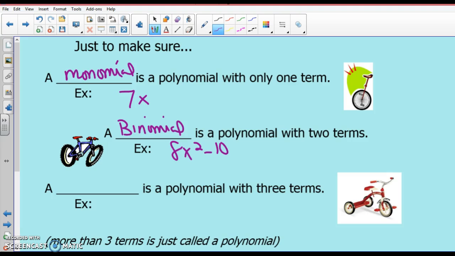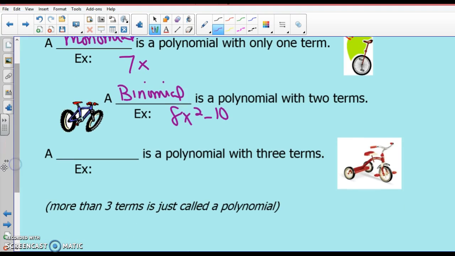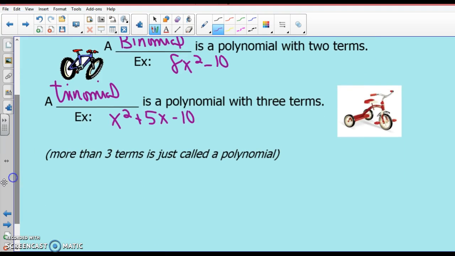A bicycle has two wheels. And the last special one is a trinomial. A tricycle has three terms. So, x squared plus 5x minus 10. That is a trinomial. And notice, I am always going highest power down to lowest. More than three terms is just a polynomial. Poly means many.